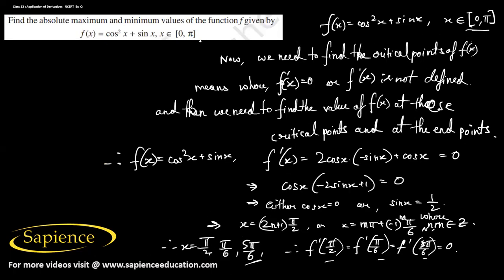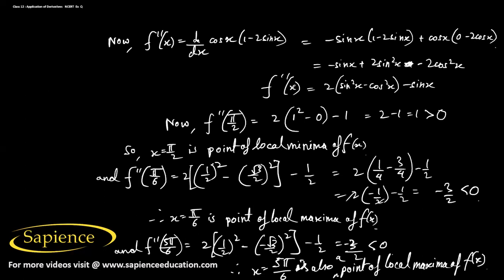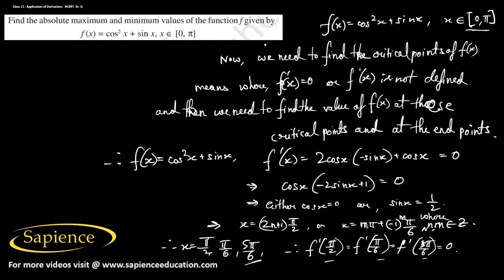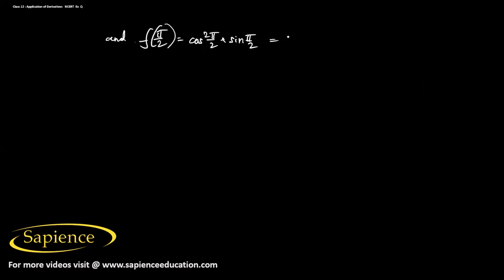So now, therefore, f of pi by 2, that will be equal to, that is 2 cos square x plus sin x. So that is cos square pi by 2 plus sin pi by 2. So that will be equal to 0 plus 1, that is 1.